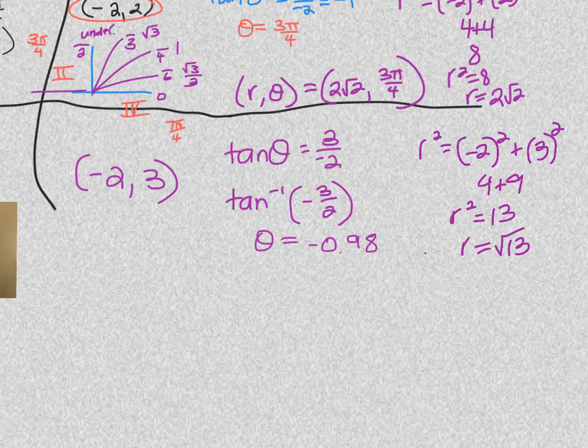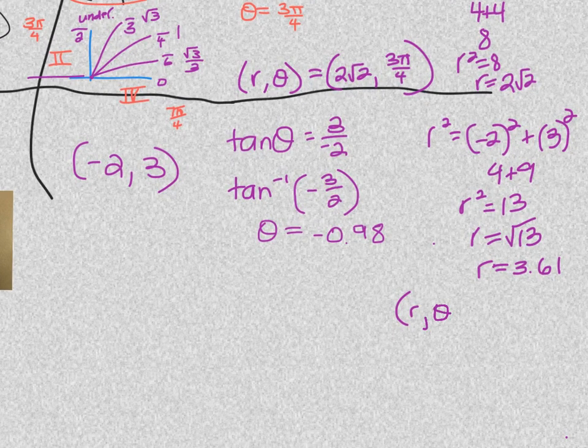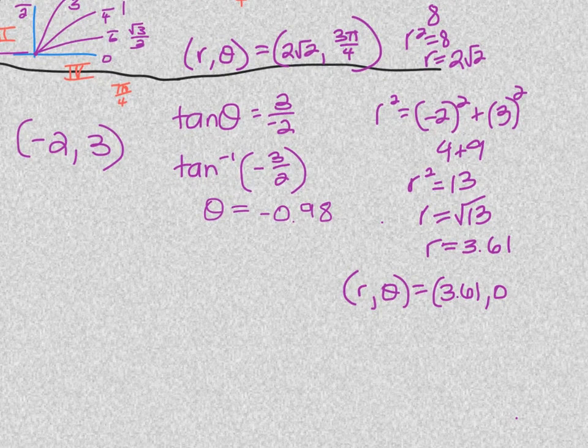I'm going to say be consistent with what we already did, to the nearest hundredth. So the square root of 13 is approximately 3.61. So if I only did it that way, then I would get my r, theta equals 3.61, comma, negative 0.98. So if I only had a scientific calculator, that's what my answer would be.